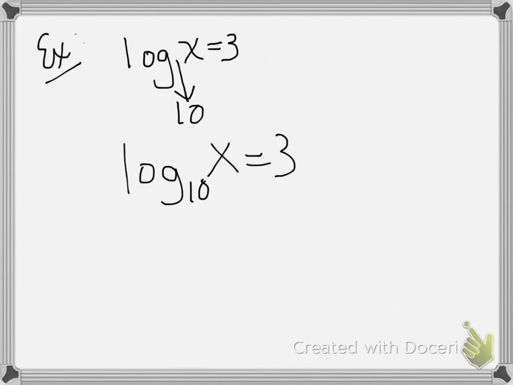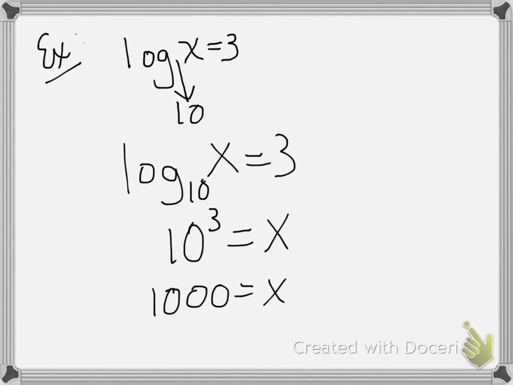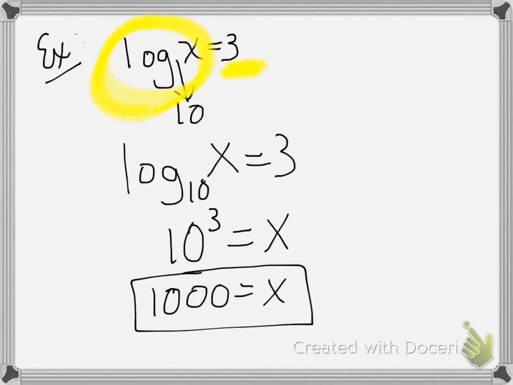Then I'm going to rewrite this whole problem as 10 to the 3rd power equals x. And then I'm going to write 10 to the 3rd, which is 1000, equals x. And that's my solution. That's how we're going to work a problem if we have a logarithm on one side equal to a constant on the other side.